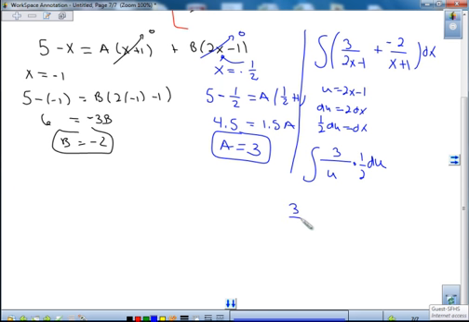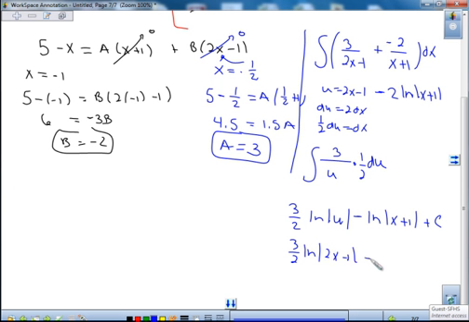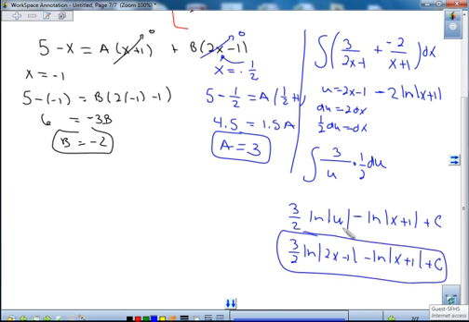The 3/2, I can just write in the front, and I'm going to have ln of u. For the second part, the 2 can go in the front. Don't forget our plus c. You can also simplify this and compress it into one term.